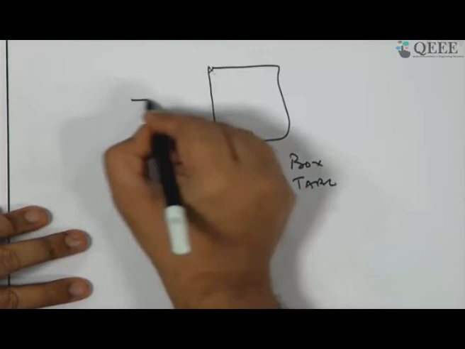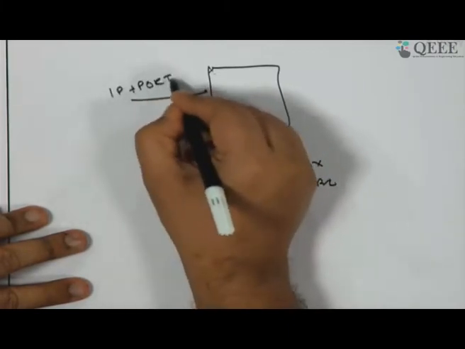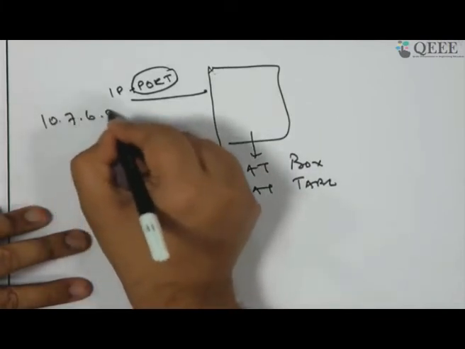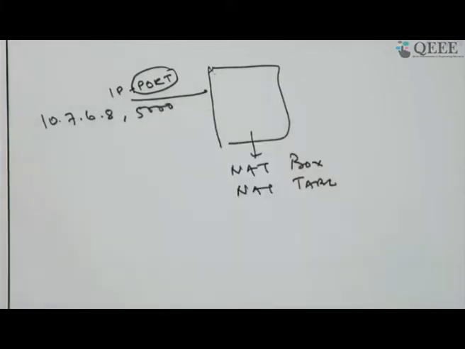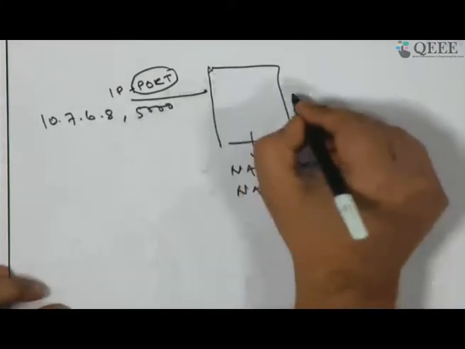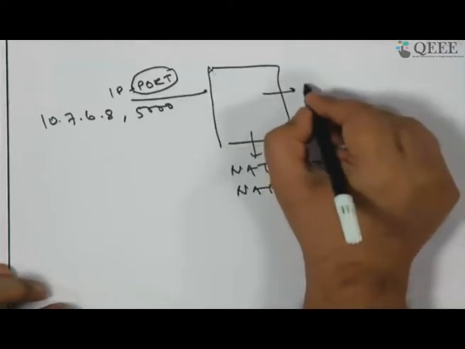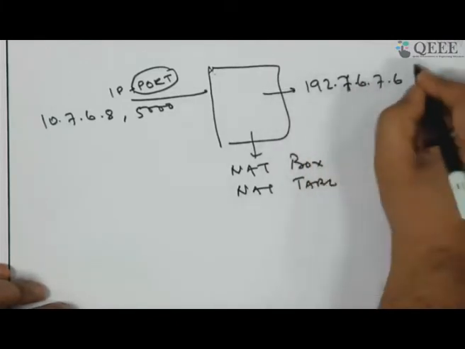Fine. So now you have an IP plus port. Say this is 10.7.6.8, 5,000. So the port number is 5,000. And now, when you are transferring, you can do it as 192.16.7.6 and port number 5,000.